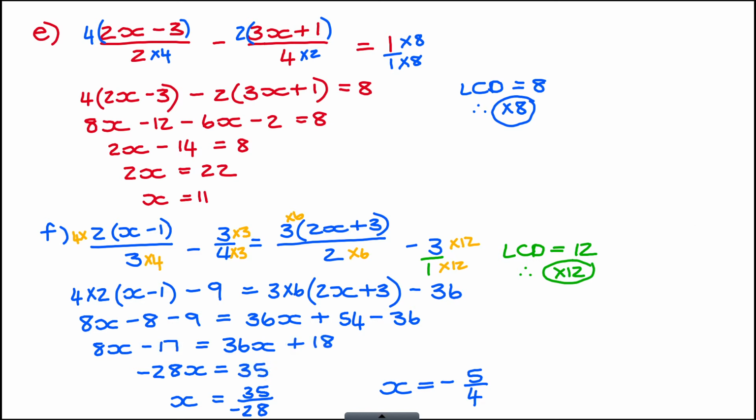Now I want to get rid of that coefficient of negative 28, and this is now the same as what we had just now. I'm going to divide both sides by negative 28, and that's how I get 35 over negative 28, and that simplified gave me minus 5 over 4. Okay. The 35 is positive over negative 28.